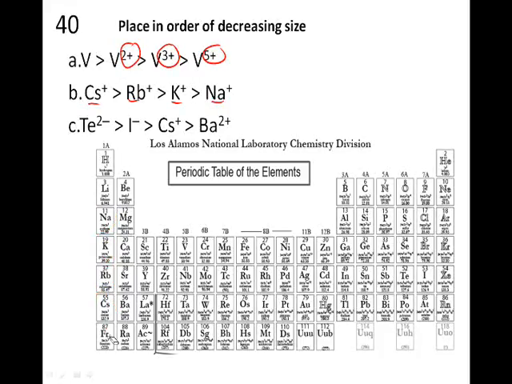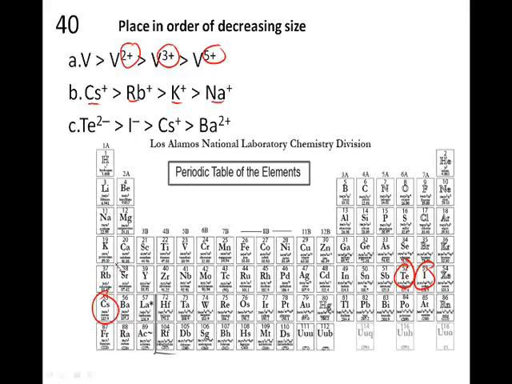Now, tellurium, iodine, cesium, and barium are the ions in part C. So here's tellurium, which is taking on a -2 charge. Cesium is what I didn't have.